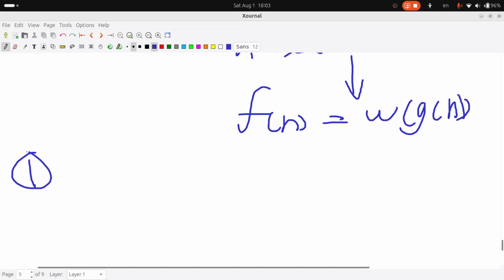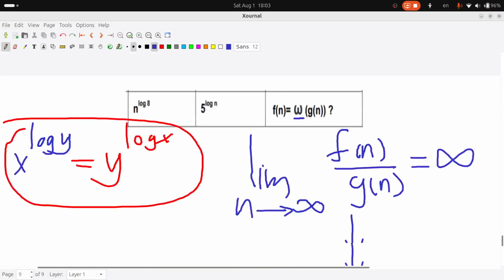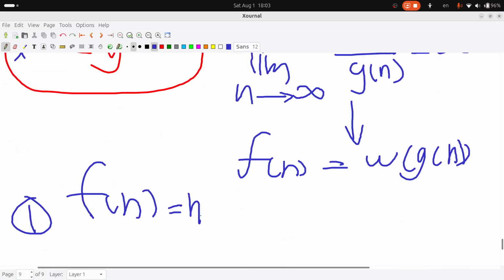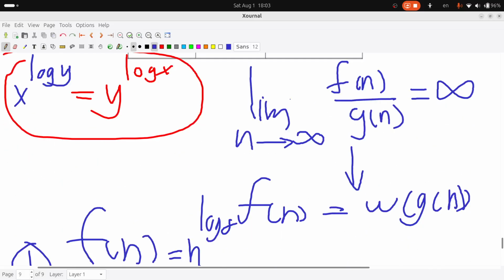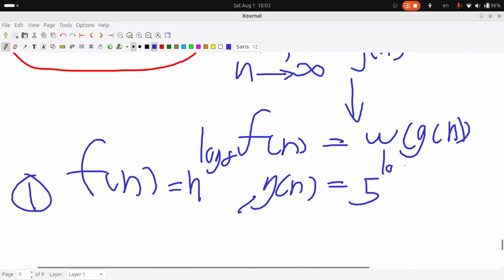So for the first method, we want to prove whether n to the power of log x is equal to little omega of 5 to the power of log n or not. We can show it by using a limit equation, where f(n) is n to the power of log x and g(n) is equal to 5 to the power of log n.